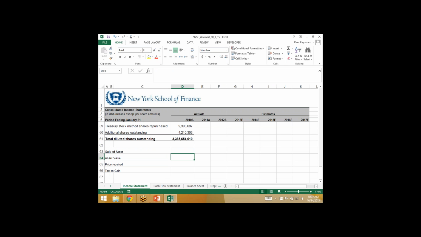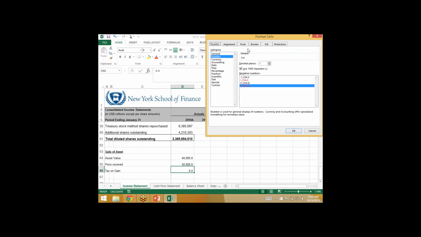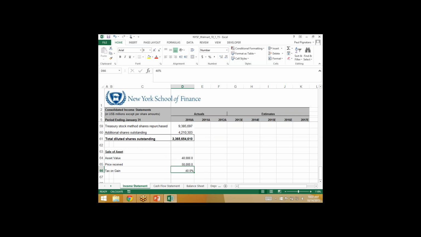And so let's say the asset value was 40, the price received was 50, and let's say tax on gain, I'm going to make it 40%, something a little bit more reasonable. I just want to format these a little bit. That's already formatted good. I just want to put a percentage in here. And just thinking ahead, I wonder if there's anything else that would make it easier. No, I think that's all we need. Can make a little box in there or whatever.